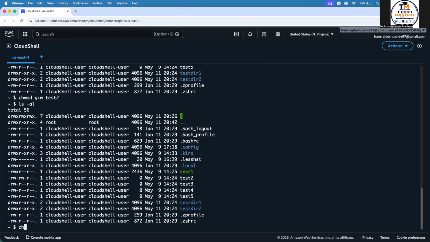Now similarly, try for the others: chmod o for others, plus w authority, to the test1 file. Now we are granting write authority to everybody for the test1 file. You can see the test1 file, there is no write authority. Okay, it's only r dash dash. Let's try.